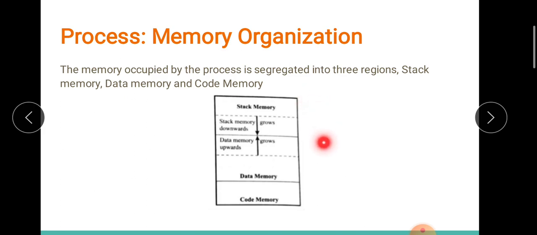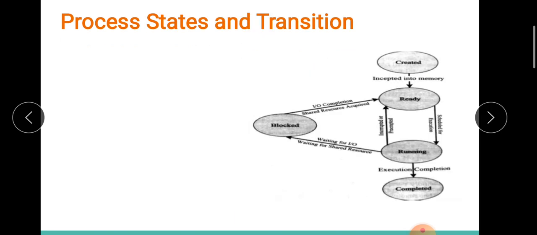As shown in the figure, we can see that the data memory always grows upward. Just like putting up a pile of coins, it keeps growing upwards. And the stack memory grows downward. So this is the memory organization or memory allocation needed in a process.